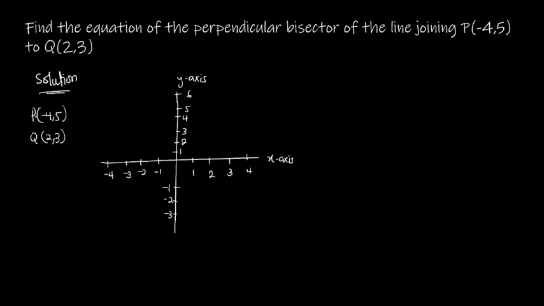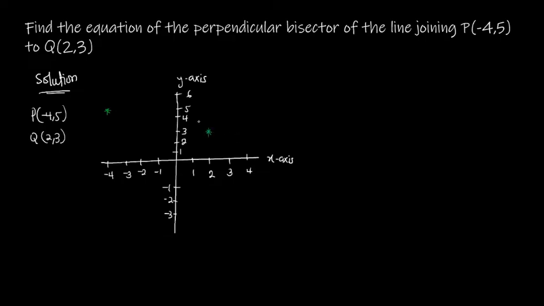So my point P is negative 4, that is the x, and then the y is positive 5, so it's going to meet somewhere around here. This will be my first point, and then my second point is (2, 3). So my x coordinate is 2 and then my y coordinate is 3, so that is going to meet somewhere here.